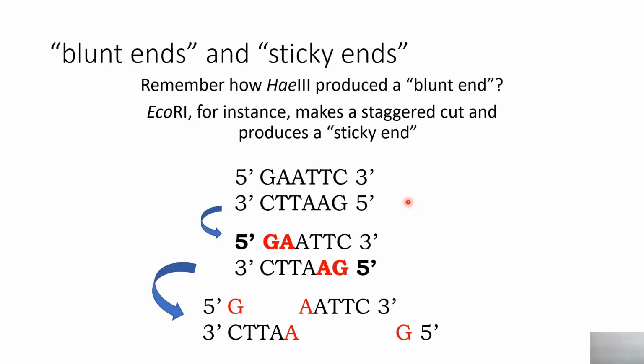So what are blunt ends and sticky ends? Remember how HaeIII produced a blunt end. EcoRI, for instance, makes a staggered cut and produces a sticky end. If you can see, it cuts between the G and A bases of the DNA on both the strands, and it creates a 5' overhang.